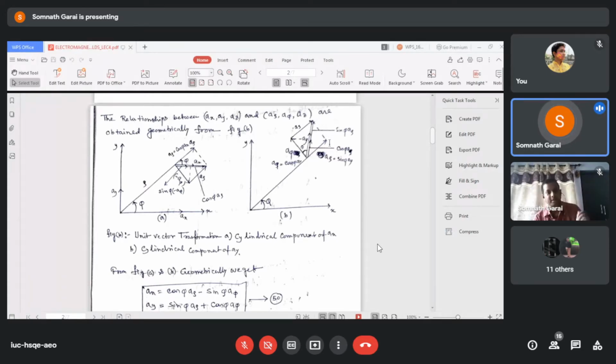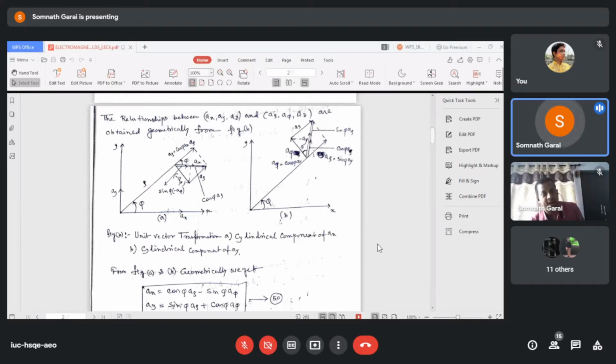So there will be a component of a phi and a component of a rho along the vertical axis. Now a phi constitutes an angle phi with this vertical axis, so the component of a phi is cos phi a phi, and a rho, which does not constitute the phi angle, has the component sin phi a rho.